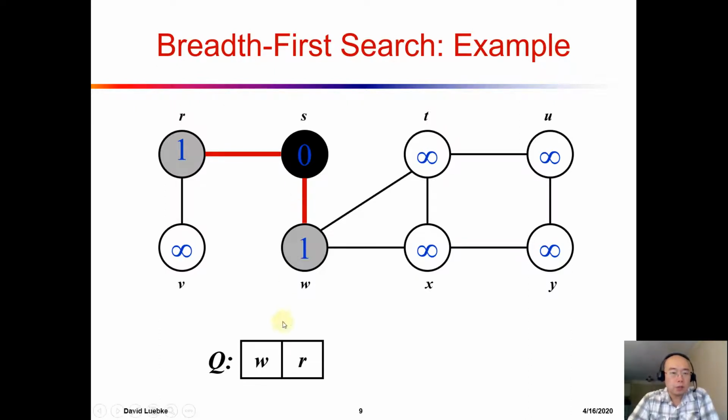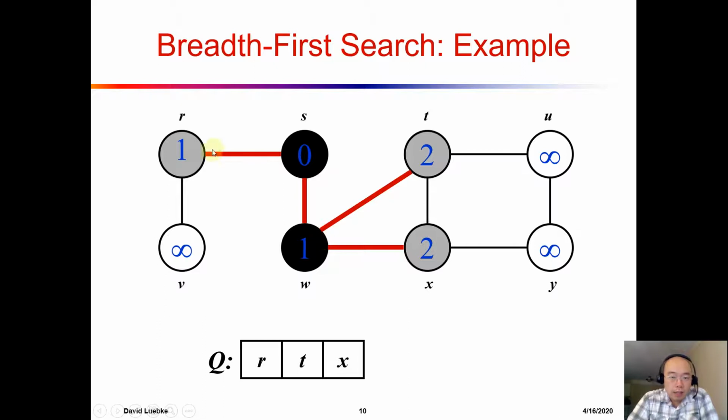So the next one, we want to pop another one from the head of the queue, which is W. So we pop W, and for the two adjacent white nodes, which are T and X, we add them to the queue. After that, we have explored all the adjacent white nodes of W, and we say, okay, W can be black now.